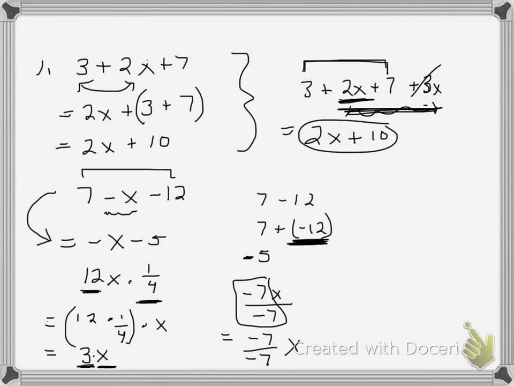A negative, first off, a negative over a negative is a positive, and any number over itself is 1. 5 over 5 is 1, 3 over 3 is 1, because I could just divide both the top and the bottom of the same number. So this would be the same as positive 1 times x, and I do not need that because anything times x is the same as x. So this is your best answer right here.